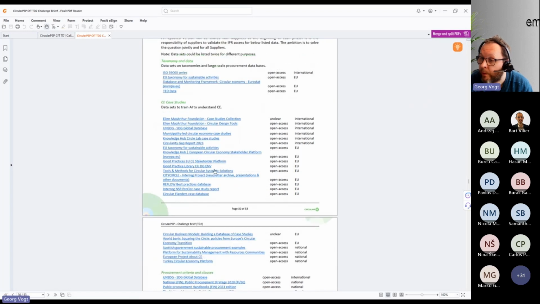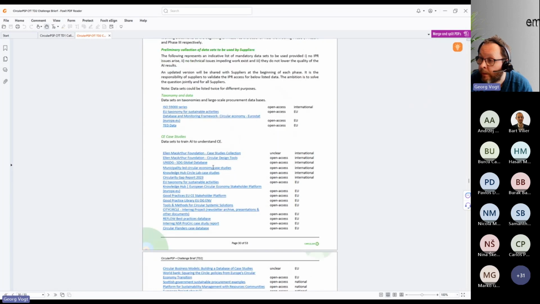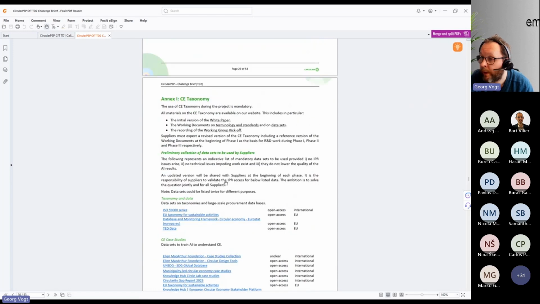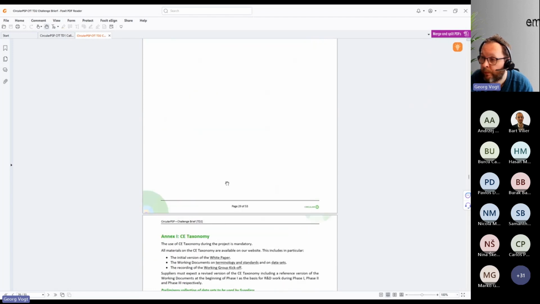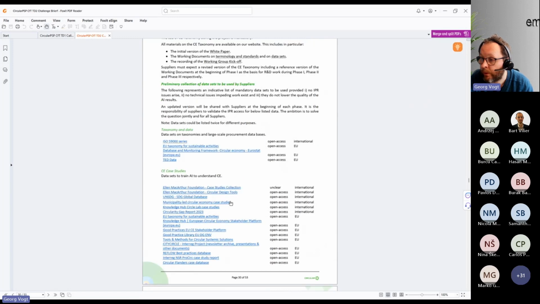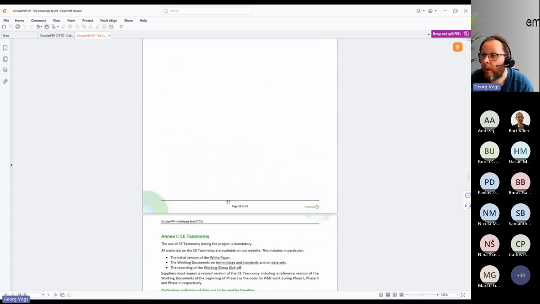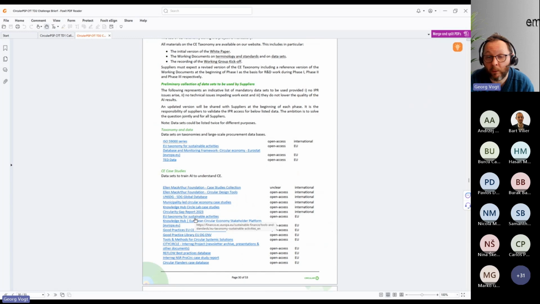But there might be others which we are not aware of, and you can contribute to, or you might have your own private data, IP protected data, which you may utilize. Whether this is the best way of going about, I don't know. Yeah, I mean, the case study thing is basically one way. We describe another way also in the tender, to be clear. Not that someone misses it just because I haven't said it.